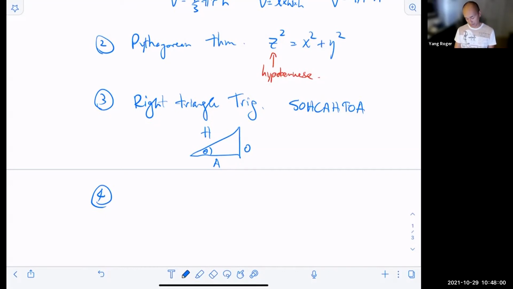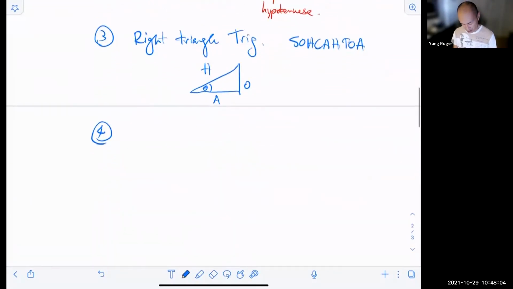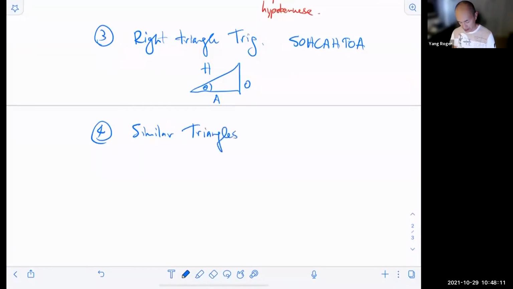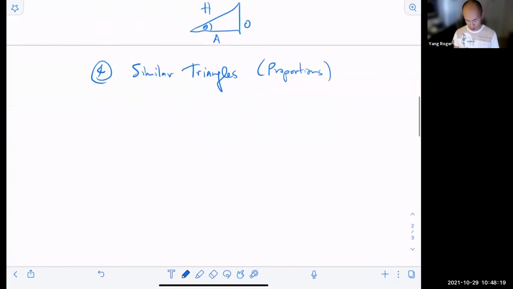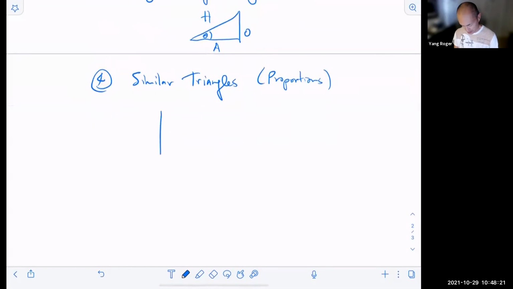So the other type of relationship that we have is something called similar triangles. And similar triangles is all about proportions. Okay. So I'm going to draw a couple of pictures. One picture I'm going to draw is something that looks like this.